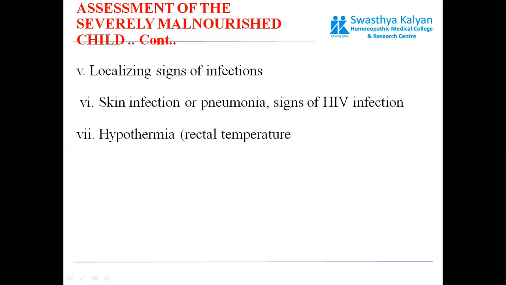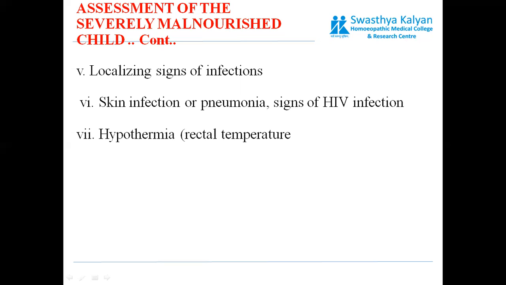In hypothermia, rectal temperature is less than 35.5 °C. Then mouth ulcers, cracks around the mouth, and skin changes of kwashiorkor. So these are the clinical features of prognostic significance.